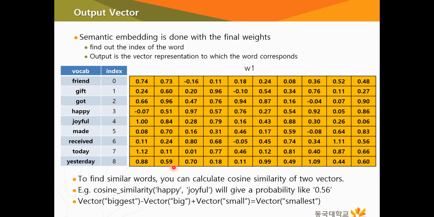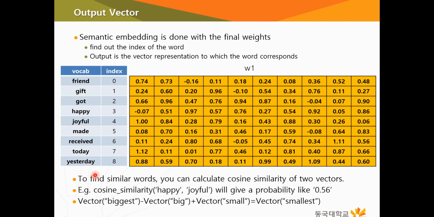So if you want to get the vector of the word happy, then you get the index of the word happy in the vocabulary, which is 3, and you return the vector of W1 at index 3, which will give minus 0.07, 0.51, 0.97, 0.57, 0.76, 0.27, 0.54, 0.92, 0.05, 0.86.